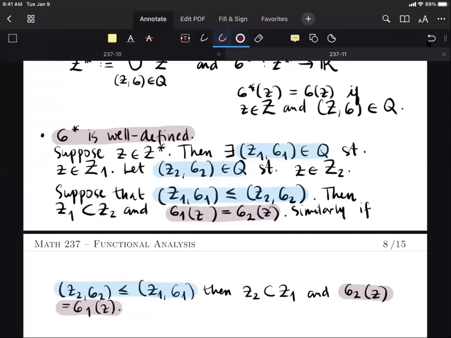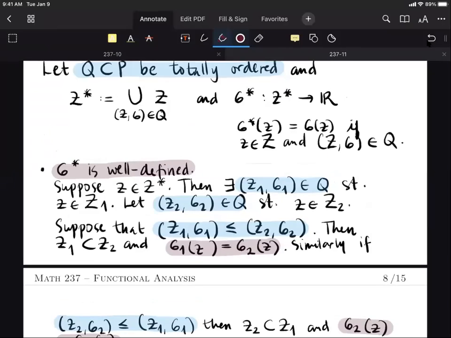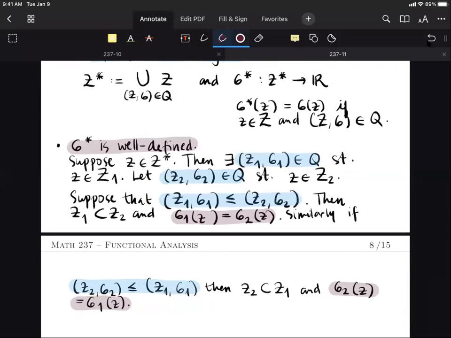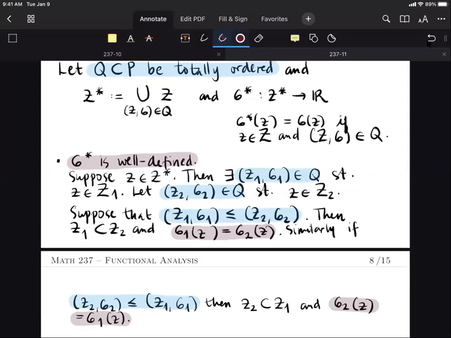Therefore, it is immaterial whether you choose G1 or G2. Roughly speaking, we are making the subspaces larger and larger, and we will have an extension by simply pasting all the functions. So G star is well defined.